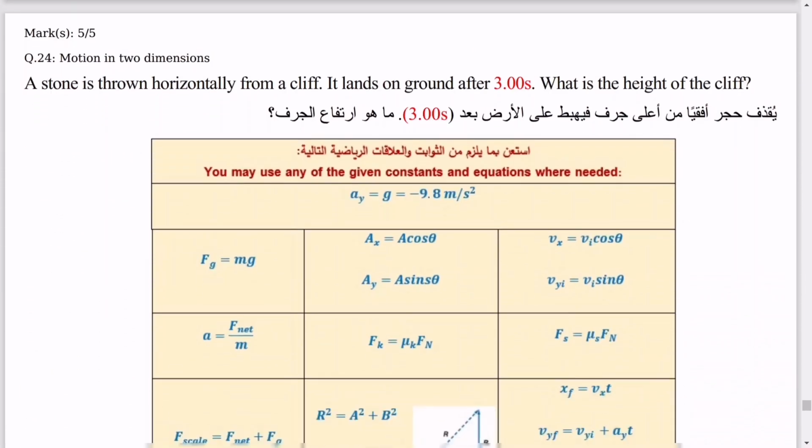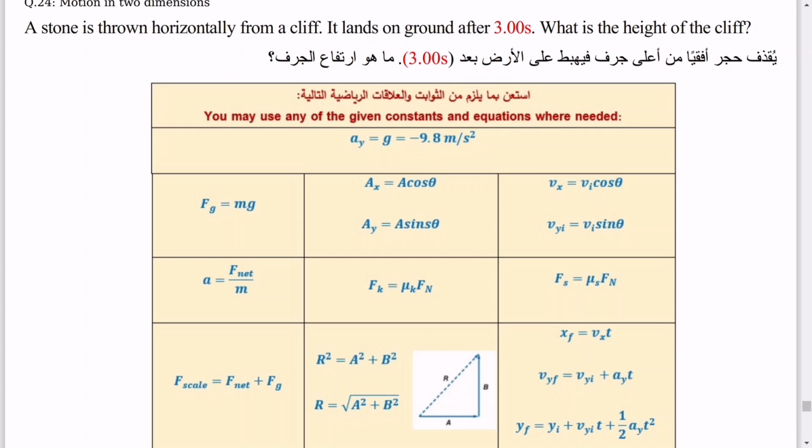Question number 24. A stone is thrown horizontally from a cliff. It lands on the ground after 3 seconds. What is the height of the cliff? If you know the time and you want to calculate the height, you can calculate the height delta y using the equation half g t squared.